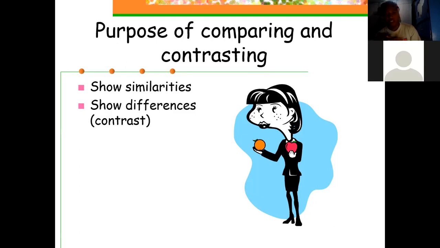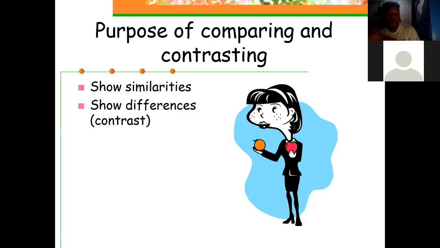The purpose is to show the similarities between the two subjects you are comparing, and show the differences.